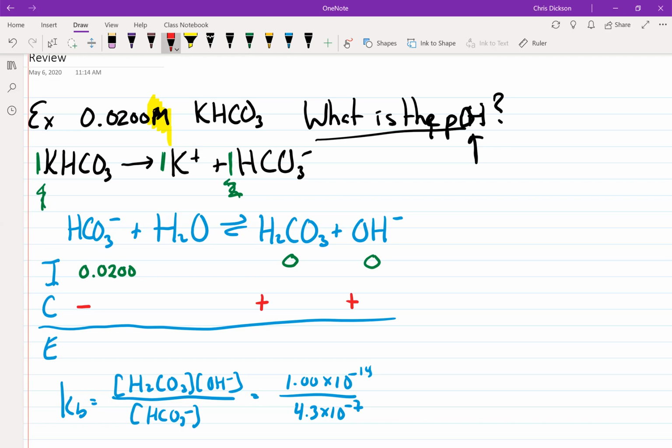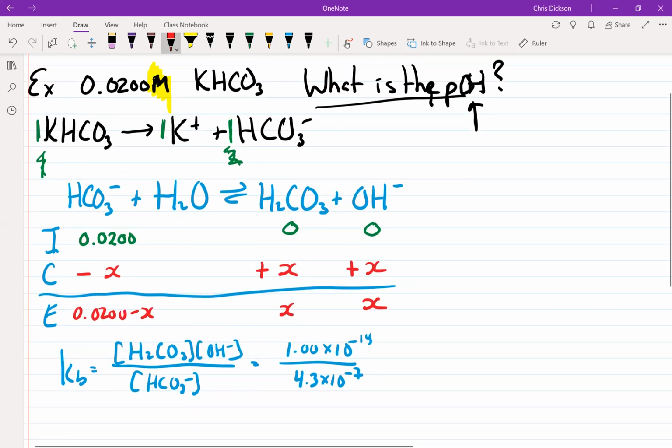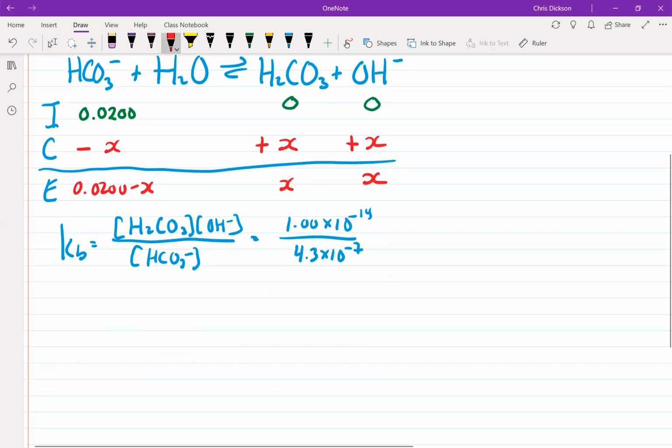So we'll say X, which means it has to be plus X, plus X, minus X, 0.0200 minus X. And if we stick that into our formula, we get X squared over 0.0200 minus X, all equaling, and I'll just put little ditto marks here because I'm going to use a calculator to work out that number.